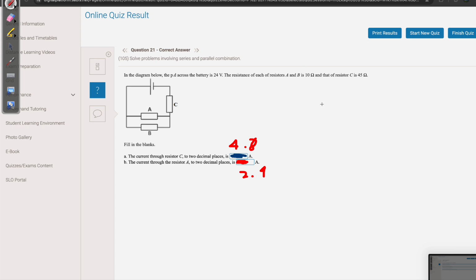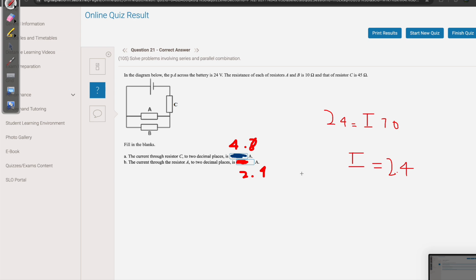So you can simply do 24 is equal to I times 10. You get the current of the combination is equal to 2.4.